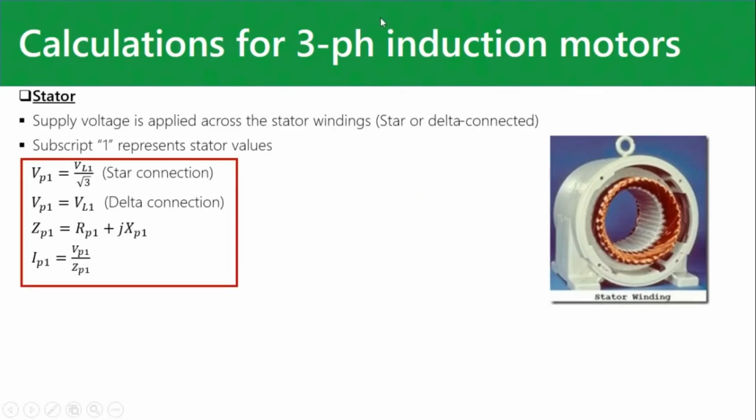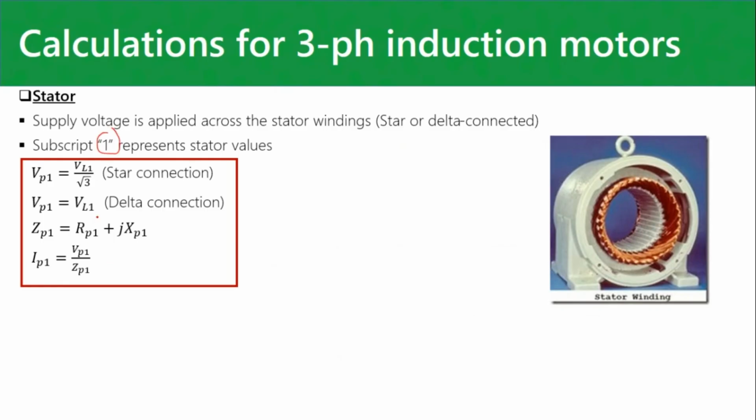There are the stator windings inside the yoke of the motor. When we allocate variables to the voltages, currents and impedances in the stator, we use the subscript 1.